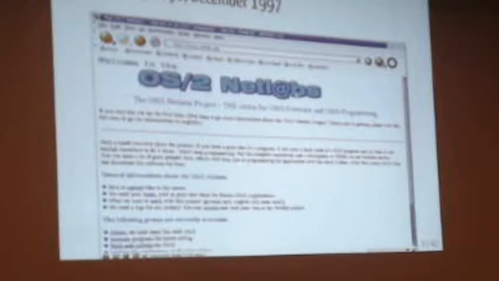Can we go to page 3? So this is pretty much how Netlabs looked when we started in 1997. I didn't have it online anymore, but I found the HTML source somewhere so I could resurrect this view.